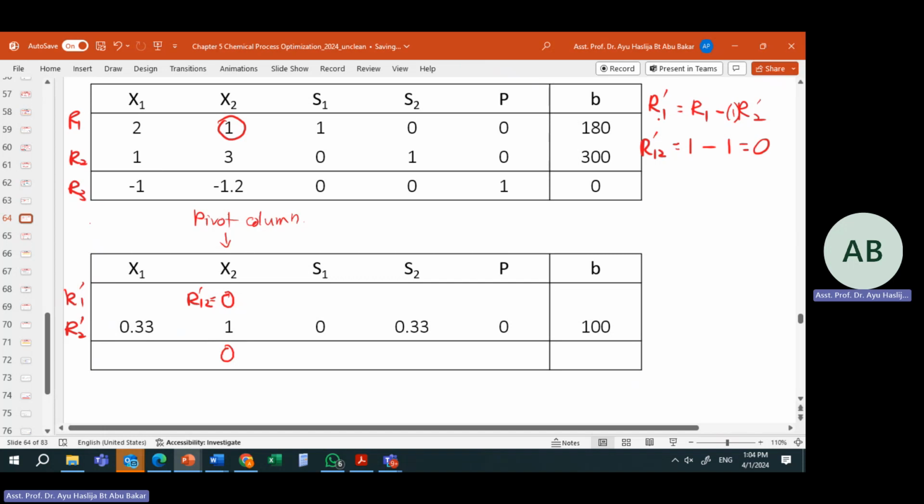So this R1 is your equation factor, the factor for R prime 1. For the whole row, you should use this equation.